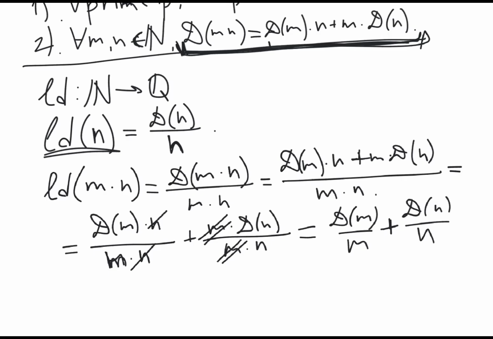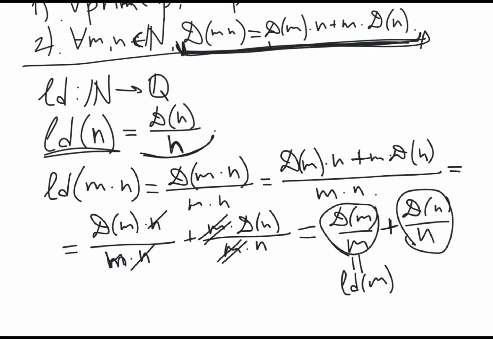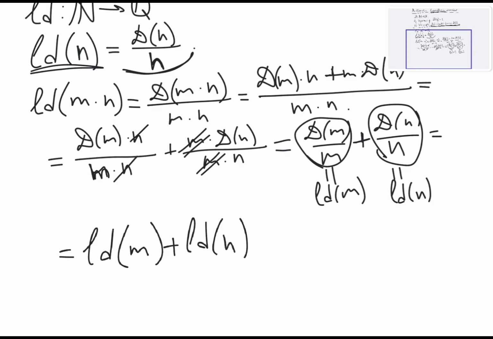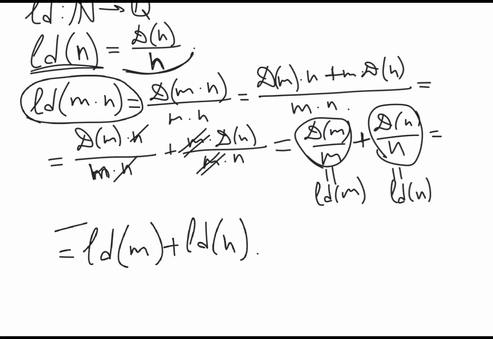So now we notice that this is exactly the logarithmic derivative for m, so this is equal to LD of m, and this is equal to LD of n. So in total we have logarithmic derivative of m plus logarithmic derivative of n. So we see that this is equal to this.